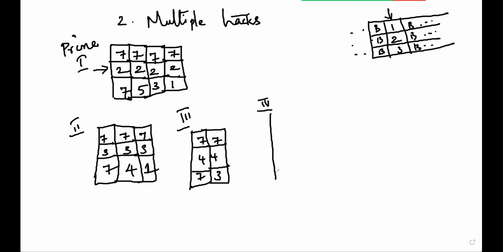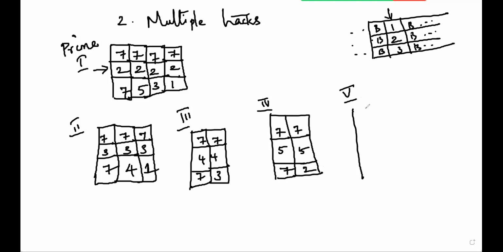Increase your second track value. 7, 5, 7. 7 minus 5 is 2. Okay, increase your second track value. 7, 6, 7. 7 minus 6 is 1.